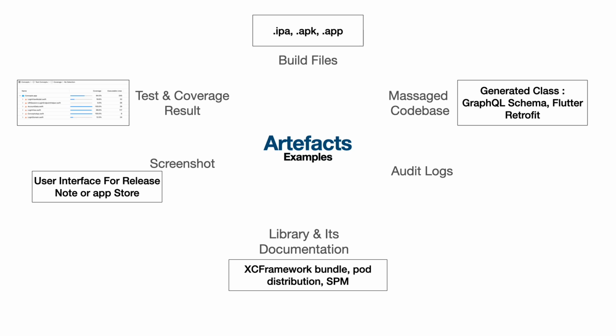Build files could be .ipa, .apk or .app. So this depends on which environment also. For lower environments as well as the production environment, there will be multiple artifacts generated with the same extension.